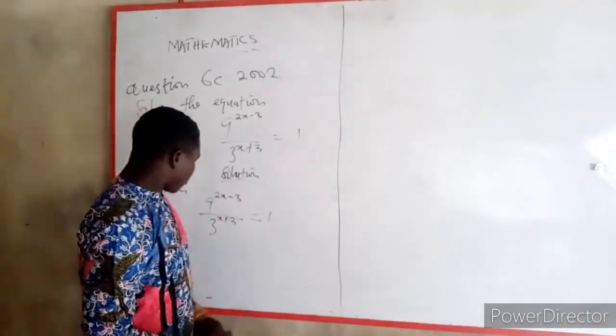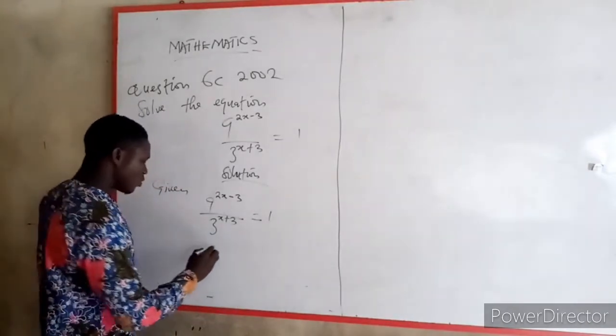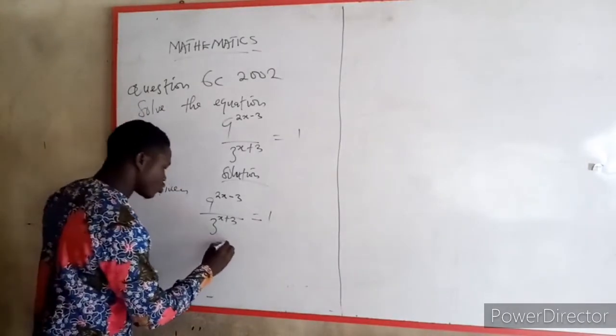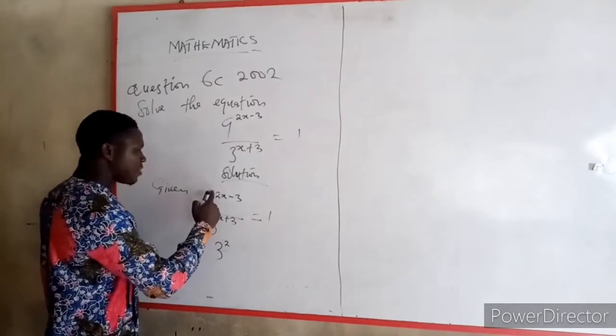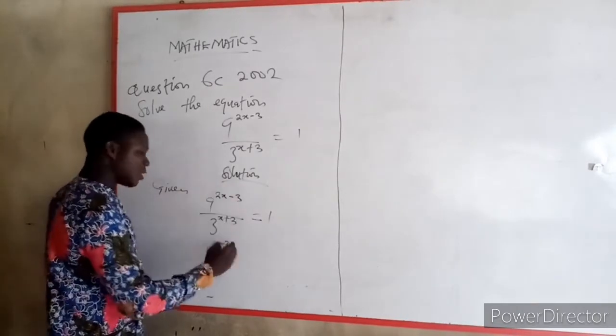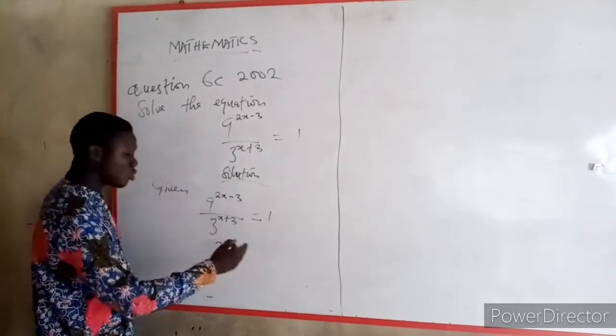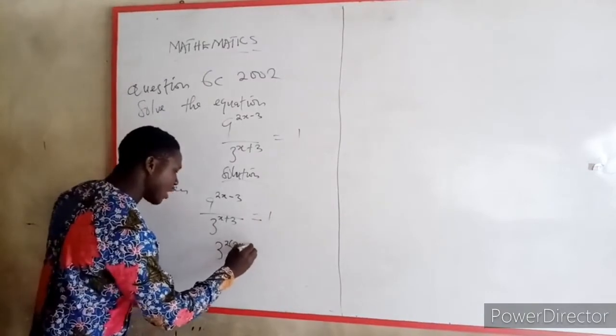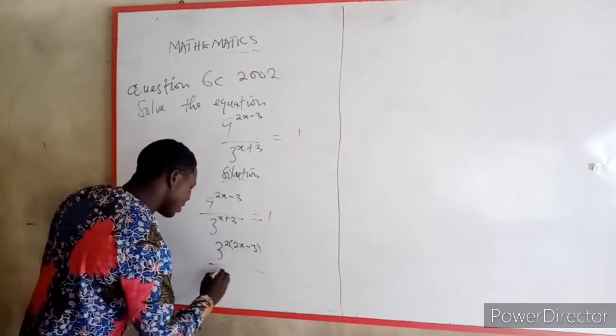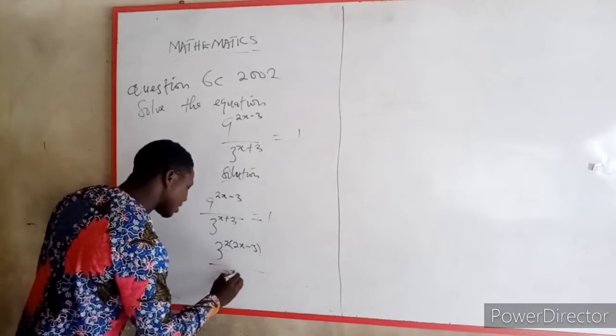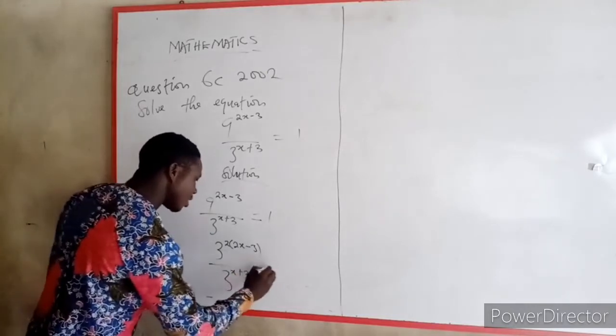So the next thing is to take 3 raised to the power 2. The whole power here will have to be in the bracket because 2 will be going into the whole power, divided by 3 raised to the power x plus 3 equal to 1.